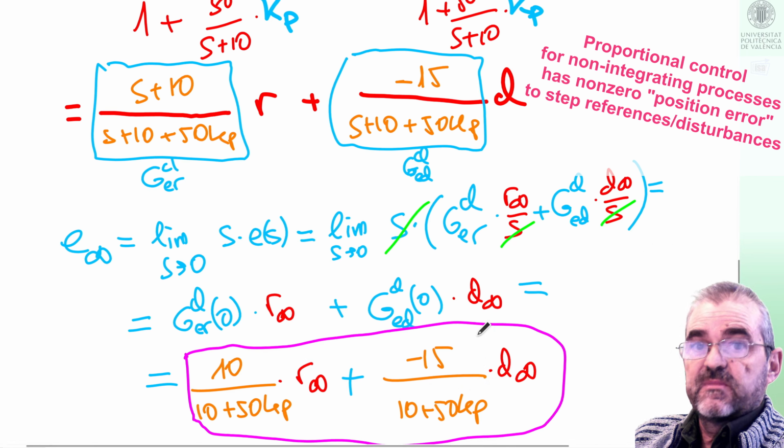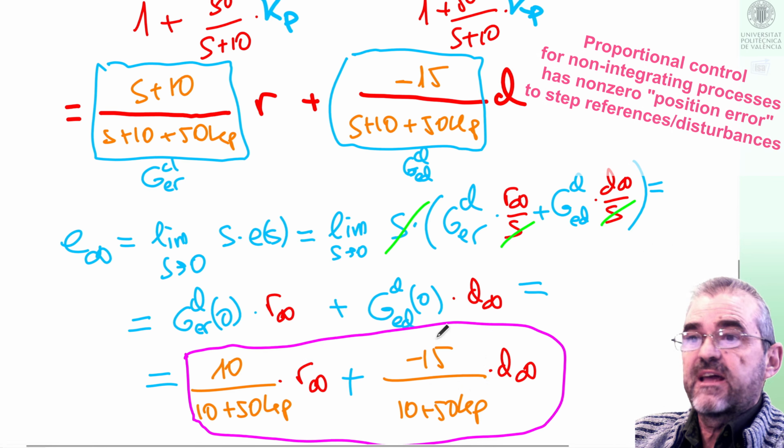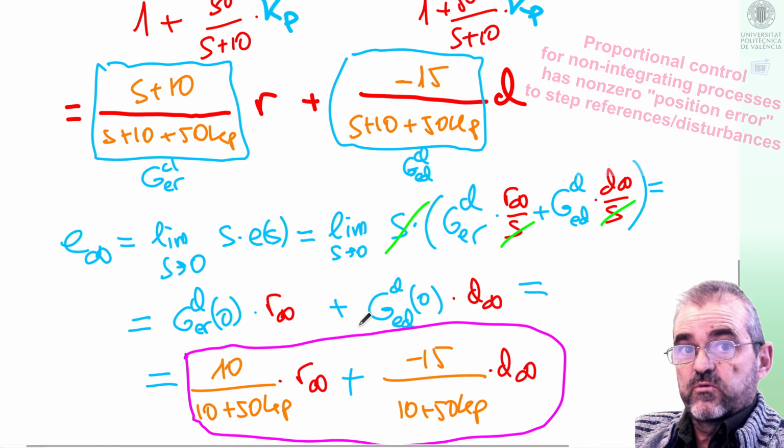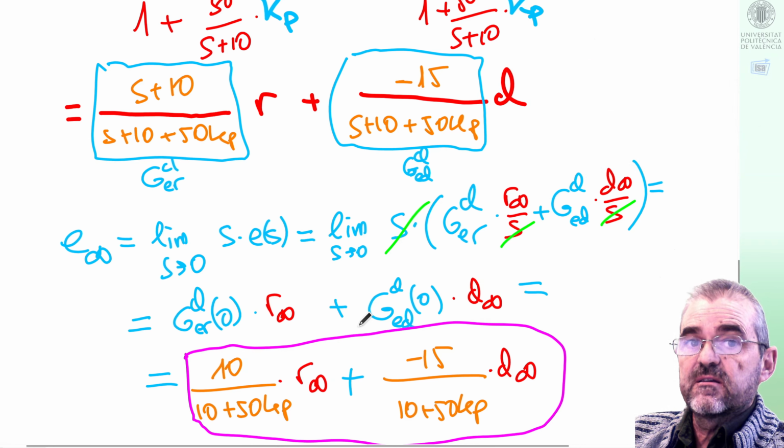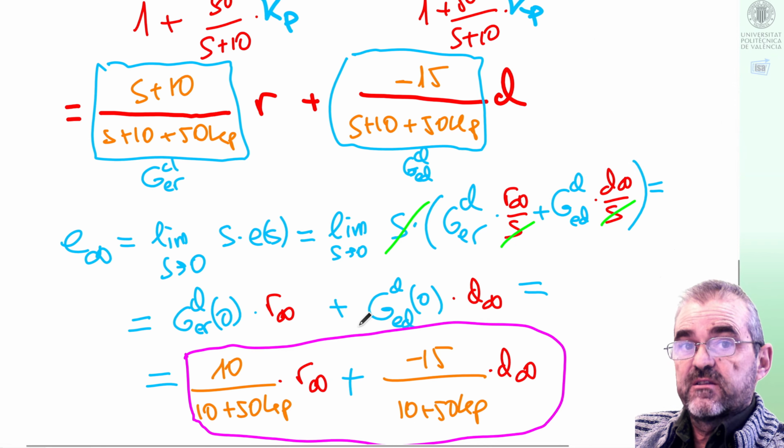But well, this was the first question asked. The second question was do the same with a proportional integral controller, and of course with an integral controller we will have zero steady state error. Let us obtain the transfer functions and prove that indeed that zero error is what we obtain.